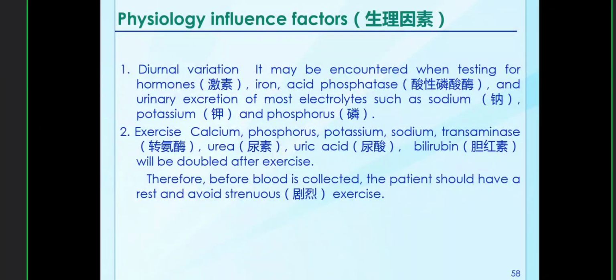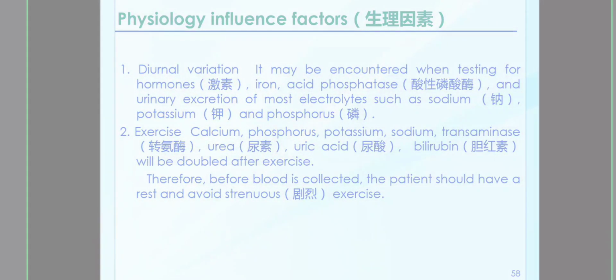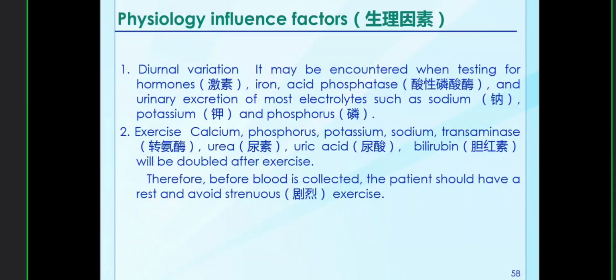First one is diurnal variation. It may be encountered when testing for hormones, iron, acid phosphatase, and the urinary excretion of most electrolytes such as sodium, potassium, and phosphorus.